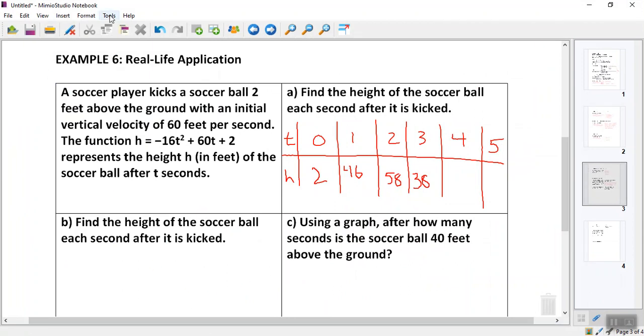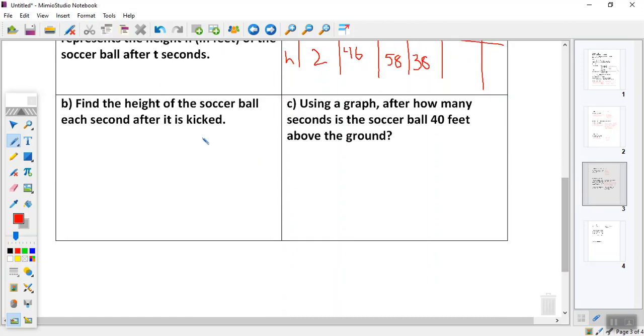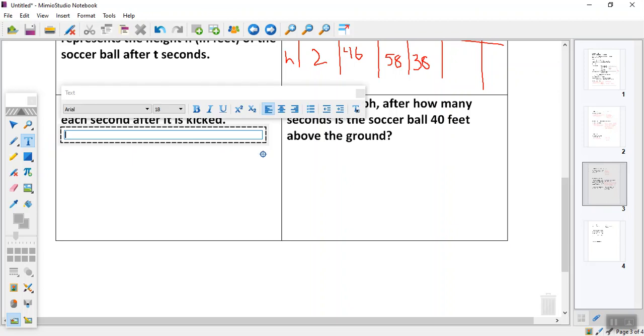Text box in here. All right, so what I want you to type in here says estimate. Oh, that's kind of small. Estimate when the ball is at 40 feet.